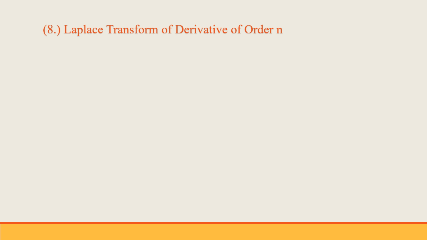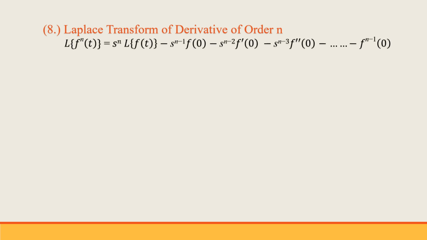The property states that the Laplace transform of f raised to the power n of t is given by s raised to the power n into Laplace transform of f(t) minus s raised to the power n minus 1 into f(0) minus s raised to the power n minus 2 into f'(0) minus s raised to the power n minus 3 into f''(0) and so on till minus f raised to the power n minus 1 of 0. So let's check the proof.